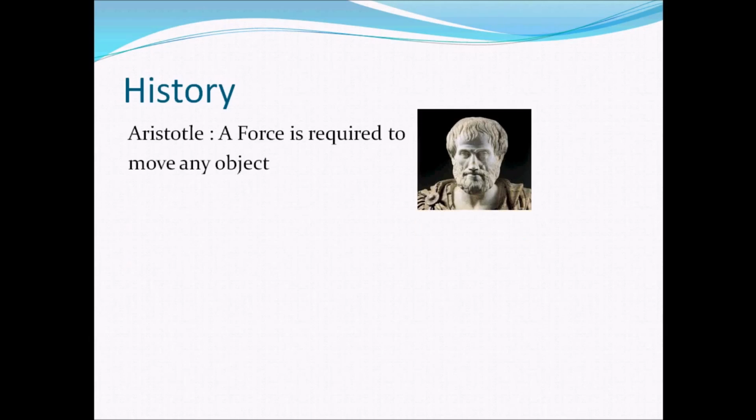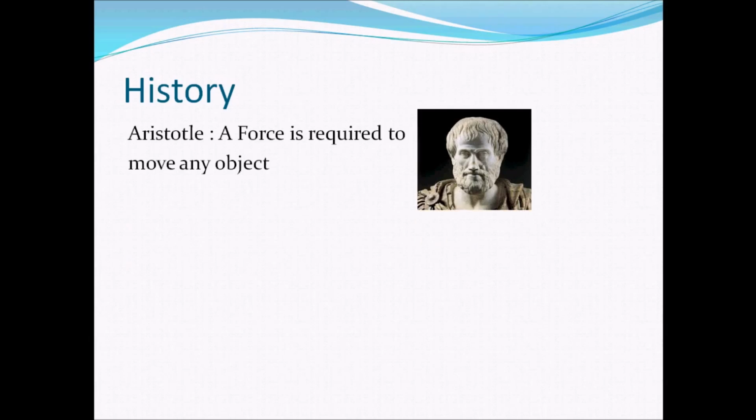But this had a small error, which is that this assumes that there was no other force acting on the pen. Whereas in fact, when you push a pen on a table, the table exerts an opposite force on the pen called friction. I'm sure you've heard the term before, and we'll deal with it in more detail after Newton's laws of motion. So needless to say, Aristotle was not correct.